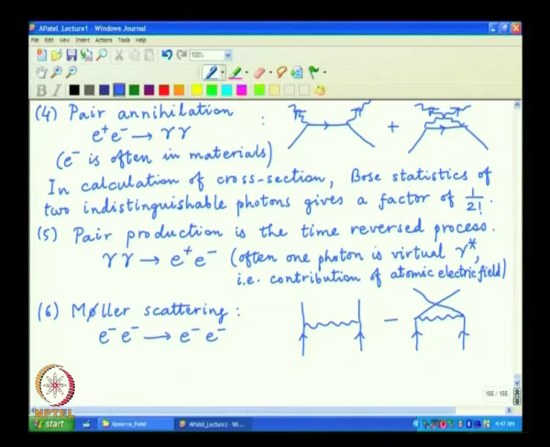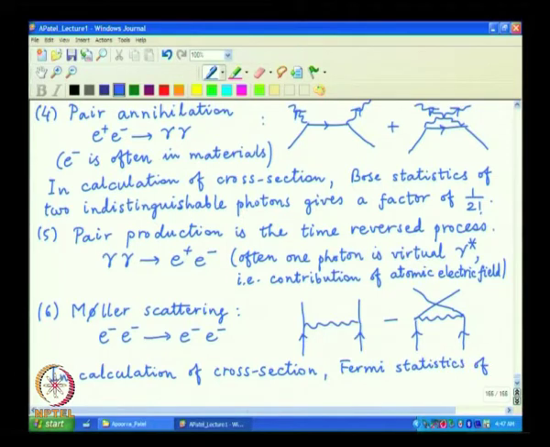In addition to this minus sign, one also has to deal with the same double counting problem, because there are two indistinguishable particles, they happen to be electrons this time, and they again give a negative sign in the amplitude and 1/2 factorial in the cross section.